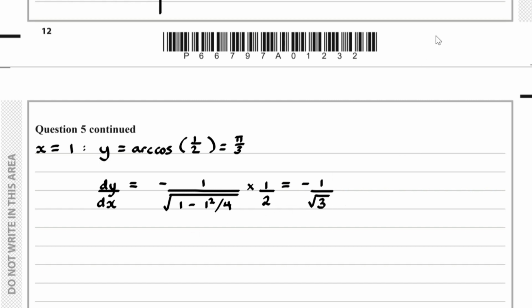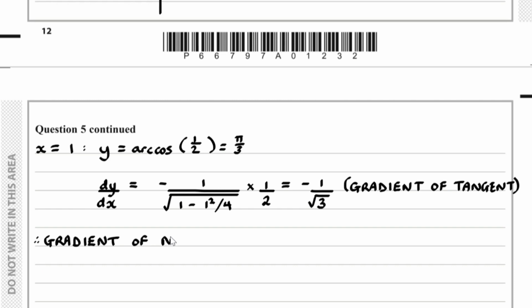What does this represent? The gradient of the normal is equal to the negative reciprocal of this, which is root 3.